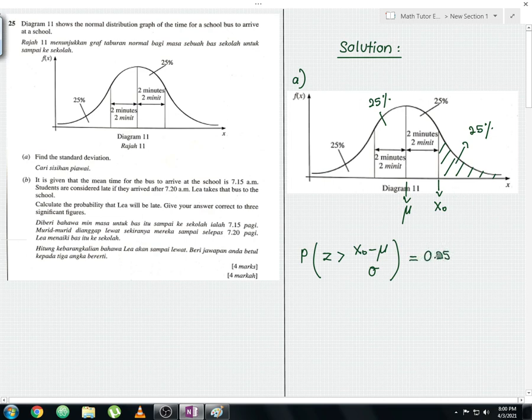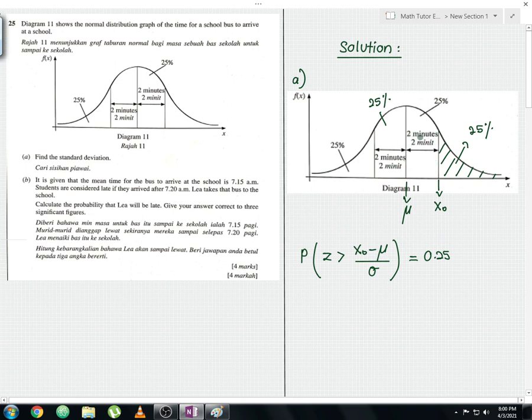This 0.25 is this particular region, guys, which I've shaded for you. Let me underline the fraction over here. In the question, they didn't give us x naught and mu, but they give us the difference between x naught and mu, which is 2 minutes.